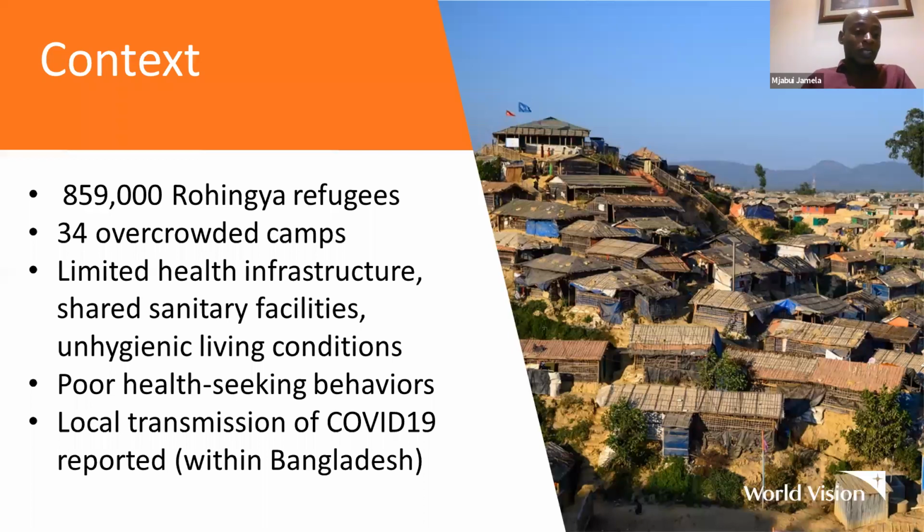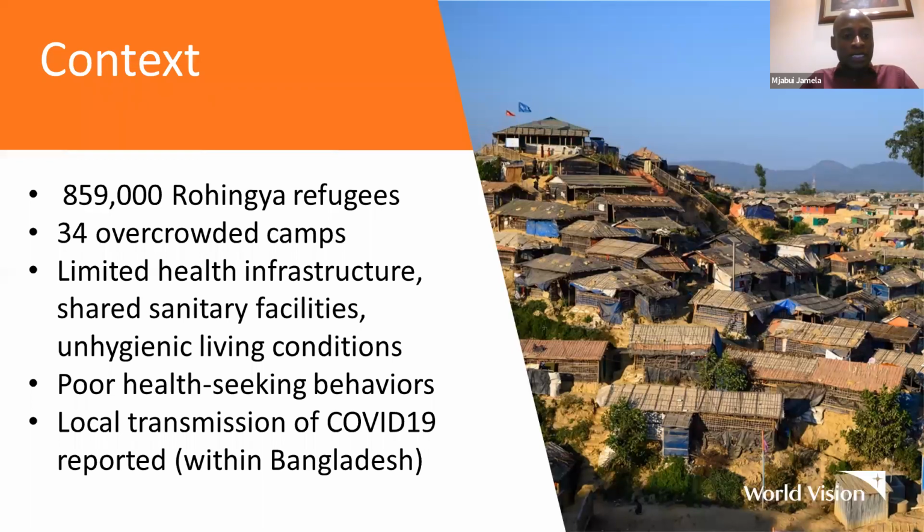But when you go to the Rohingya camps, the population density is about 40,000 persons per square kilometer. Actually, we know that in some of the places it's as high as 70,000 people per square meter. So that is super crowded.